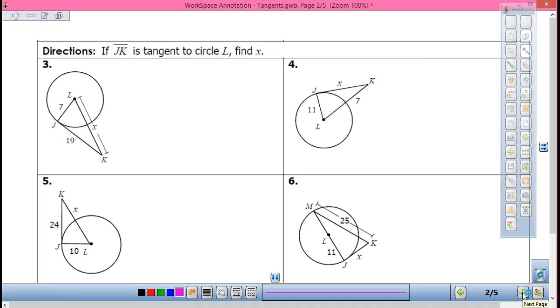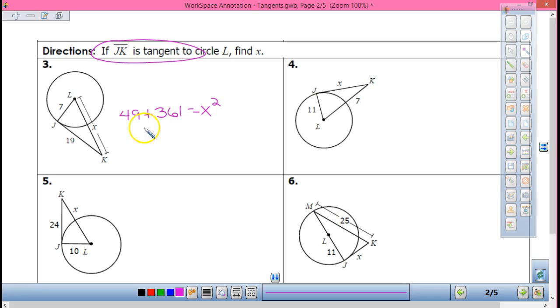All right, so now we're going to say that it is a tangent line, so then we can find x. Okay, how? Pythagorean theorem. Okay, so how are we going to set this guy up? 49 plus 361 equals x squared.